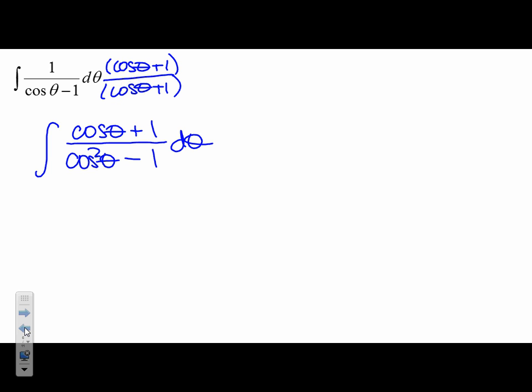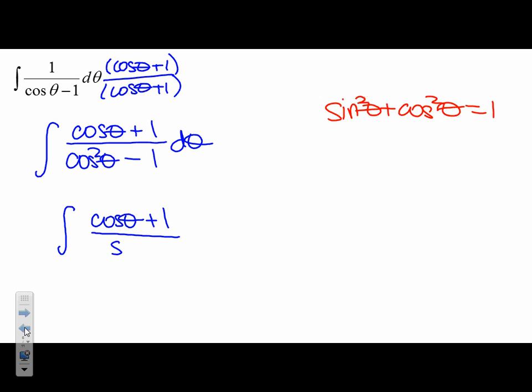Negative. Okay. Moving the 1 over and the sign over. So we have cosine theta plus 1 over negative sine squared theta.